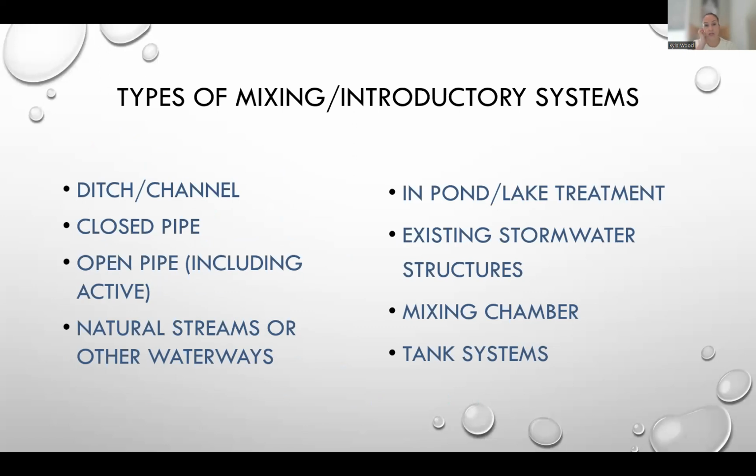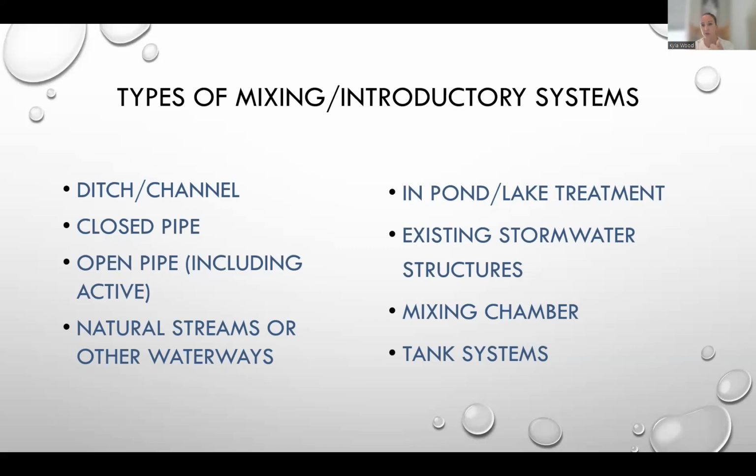So last time we looked at a couple of basic types of mixing and introductory systems. So we have our open channels, closed pipes, open or split pipes. We've used natural streams or waterways in very limited circumstances. We do the same with in-pond and lake treatments, as I mentioned, those pond logs. We can use existing stormwater structures. We can use mixing chambers and tank systems. So really the possibilities are endless with how we can introduce these flocculants to treat water, as long as we're meeting those fundamentals of flocculation.